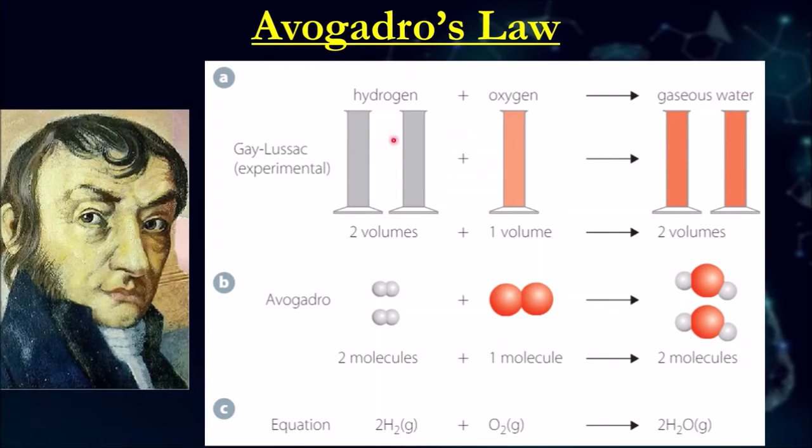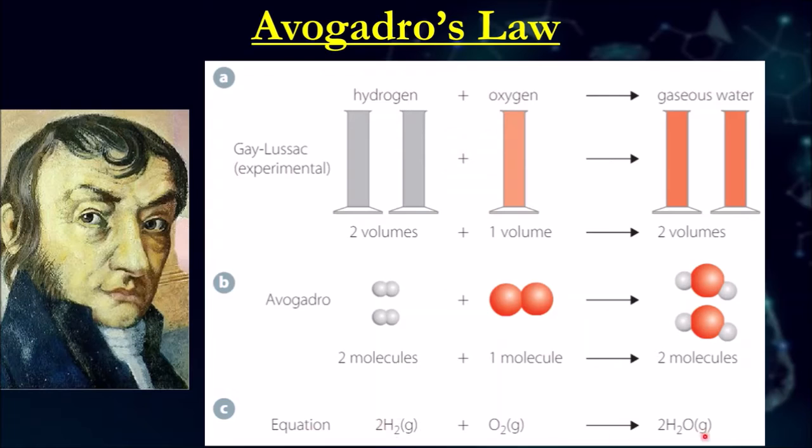So 2 volumes of hydrogen in Gay-Lussac's interpretation is, in Avogadro's interpretation, 2 molecules of hydrogen gas. 1 volume of oxygen is 1 molecule of oxygen gas, and then 2 gaseous volumes of water is 2 molecules of water.